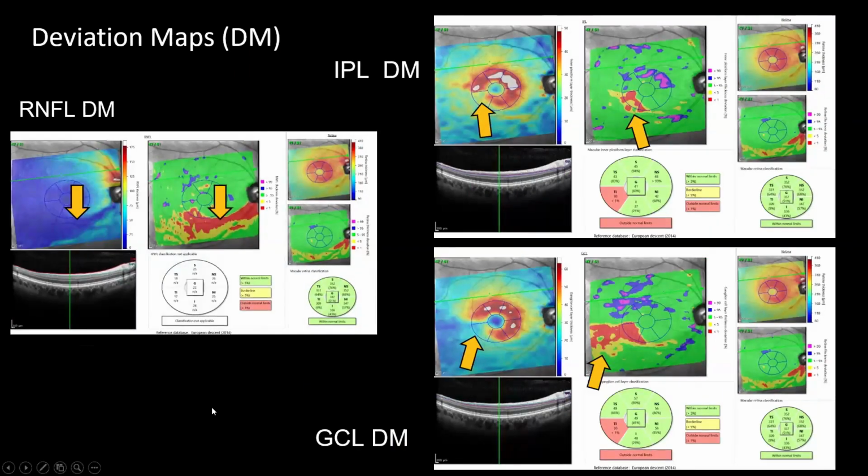Let's talk a little bit more about the deviation maps of the macula. This is quite an interesting tool, especially in the differential diagnosis for optic neuropathies. The thickness of the ganglion cells, of the retinal nerve fiber layer and the plexiform layer is compared again with a normative database.